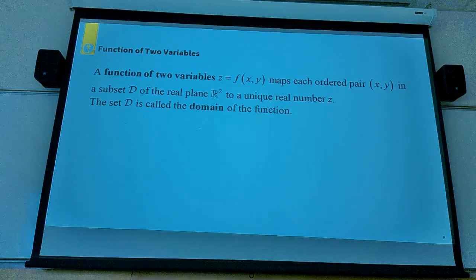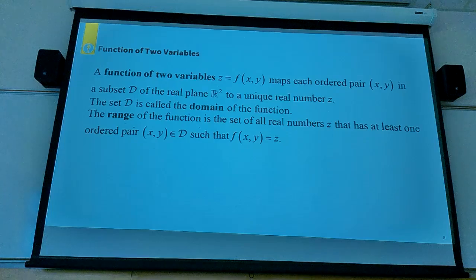It's not a set of numbers. So domain is now a set of ordered pairs in a plane, which is a region. And the range is still a set of numbers.